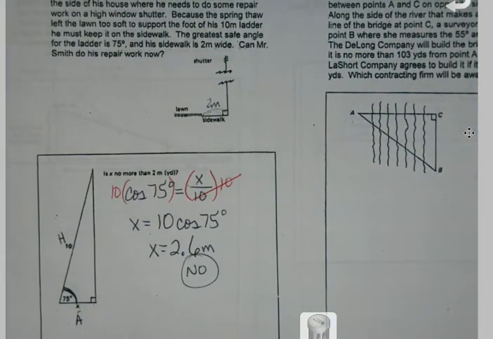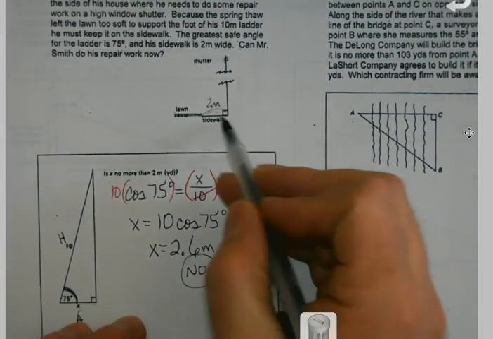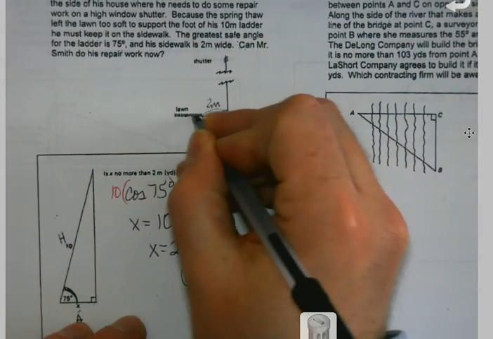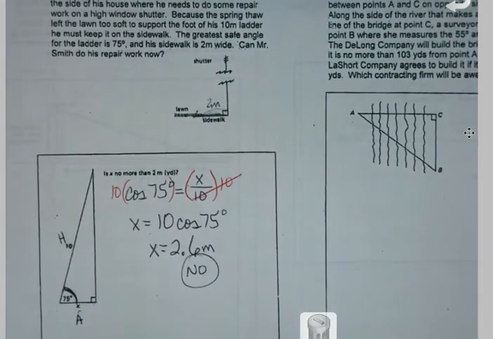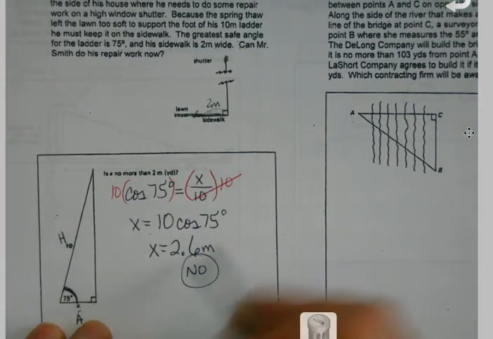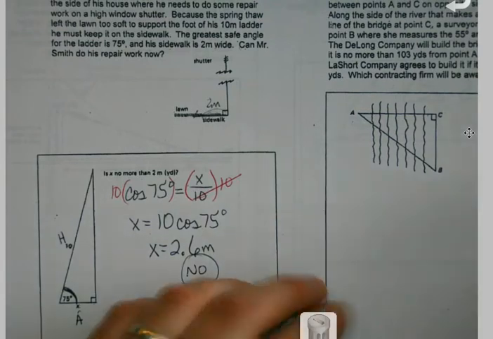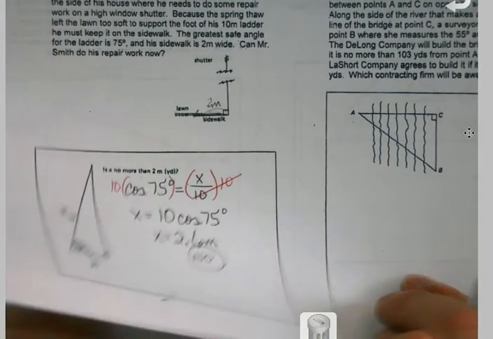Mr. Smith's going to have to find another option here, because his ladder is going to end up in the lawn, because this spot would come out to here because it's 2.6. It would be in his lawn. That's where I can actually put some application to use on these. But my bigger thing is, can you do this calculating at the start? And then we can figure out that type of question later.